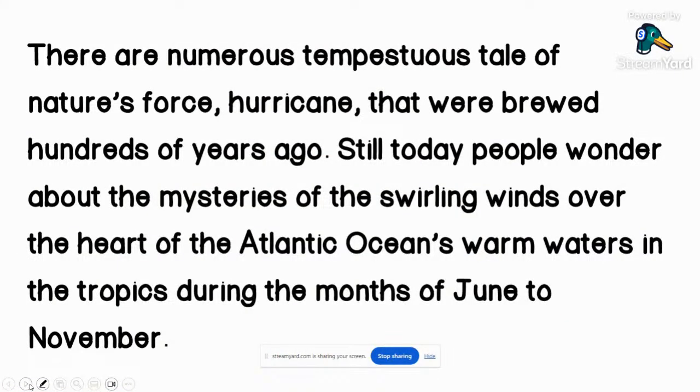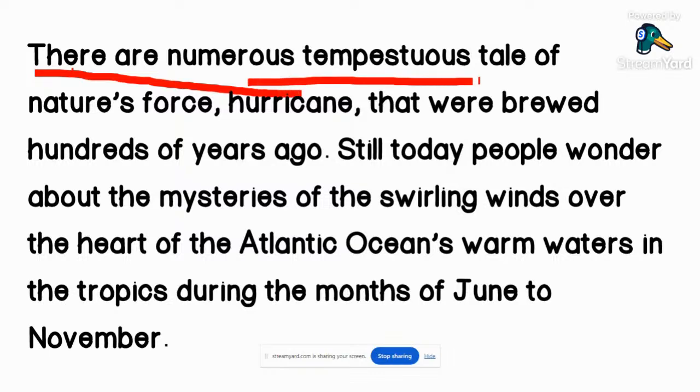There are numerous sympathetic sections.